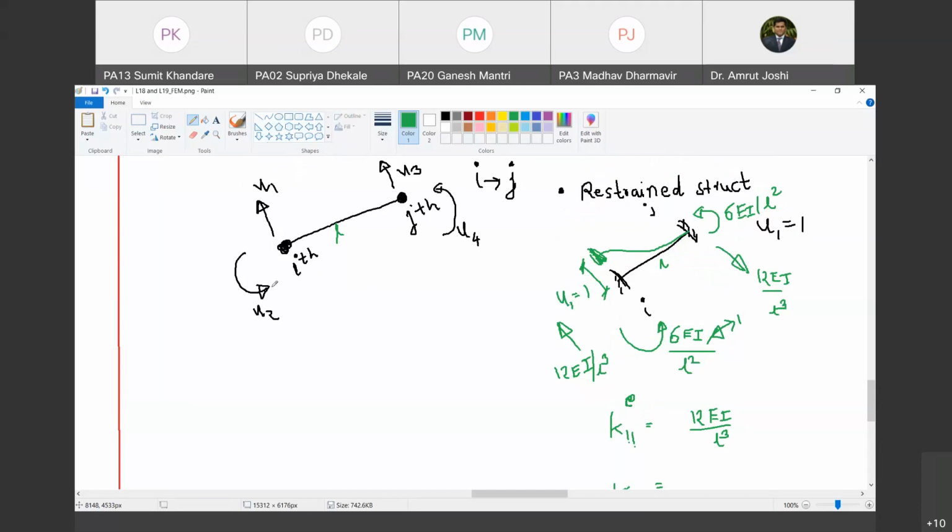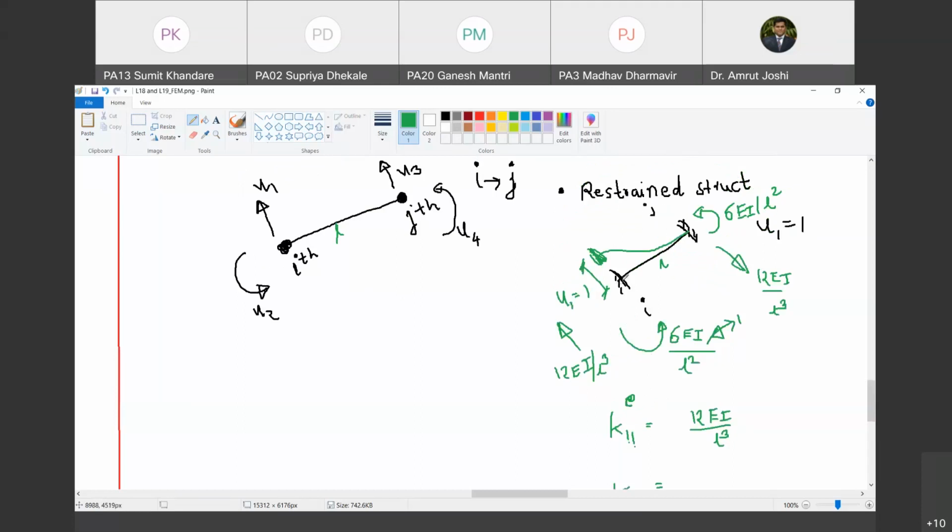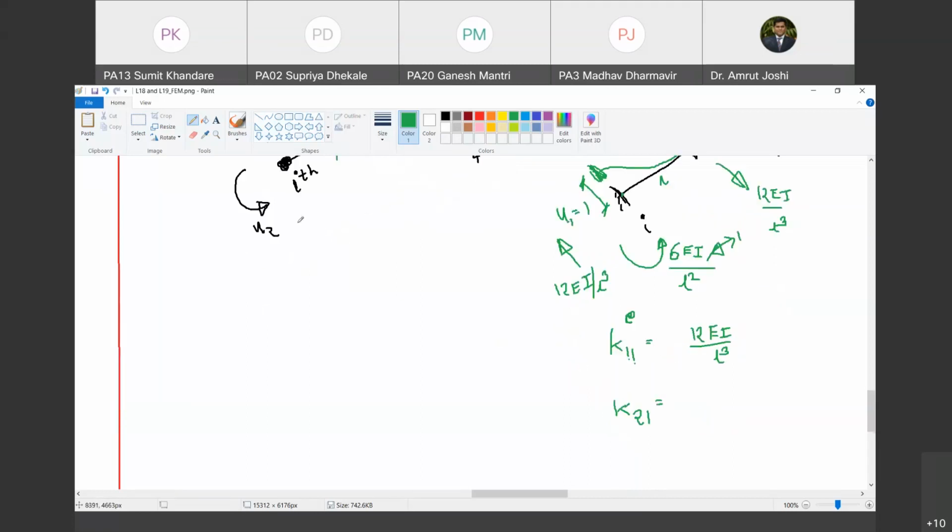Moment. So what I am asking is the moment that gets produced at 2. 1 and 2 are at the same location, but I am now looking at the moment. Due to U1 equal to 1, the moment generated here is this K21. And as it is anti-clockwise, I will write it as 6 EI upon L square. Are you with me?